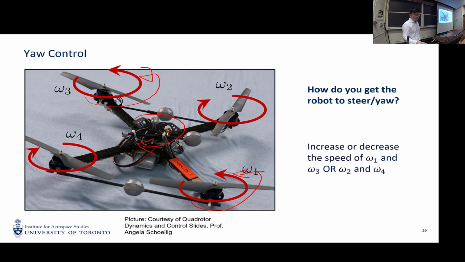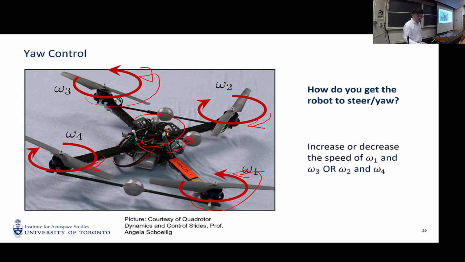And similarly, if we decrease the rotation speed of omega-4 and omega-2, then the drag on these propellers will decrease because the spinning velocity decreases.